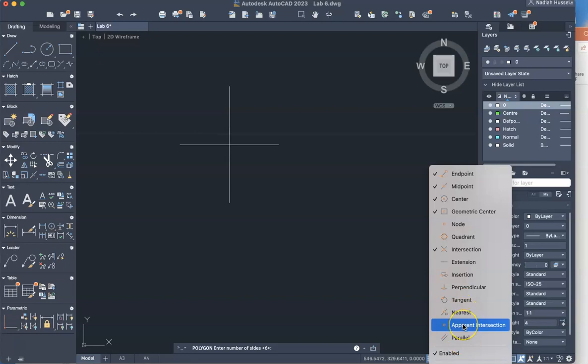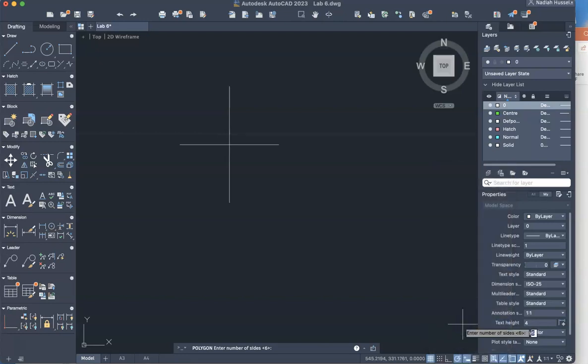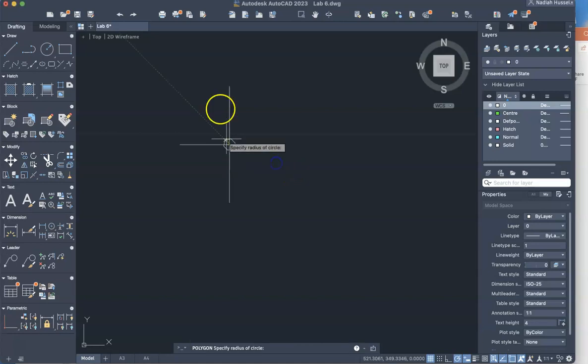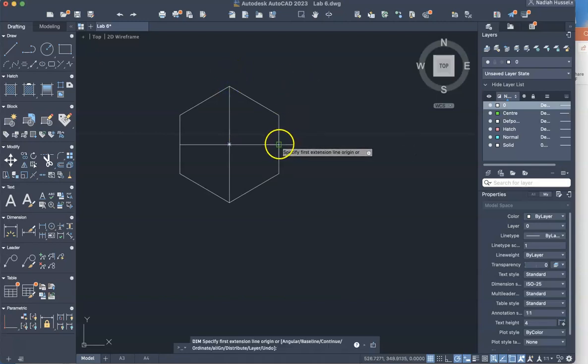Apparent intersection. Okay, let's try that. Okay, number of sides. So we are going to inscribe in circle. So everything looks correct. Basically, I want them to snap.